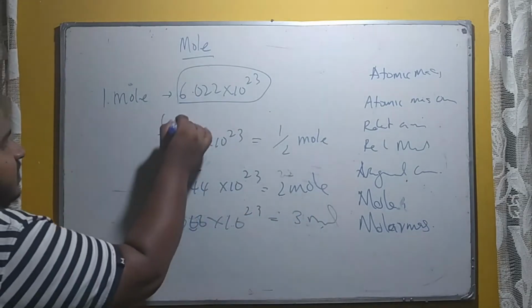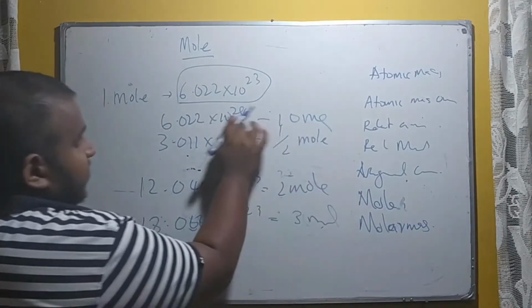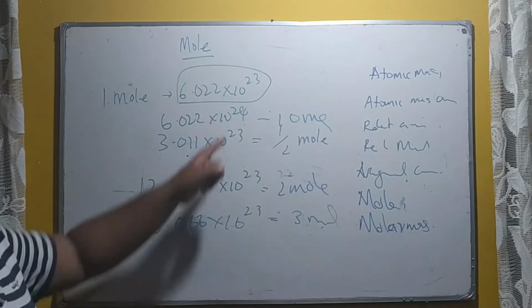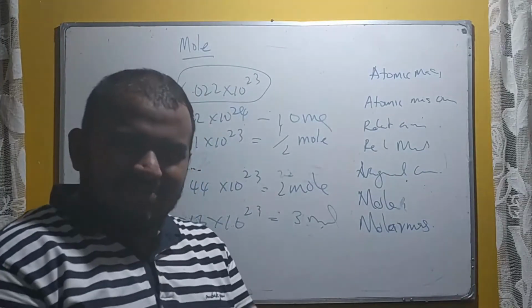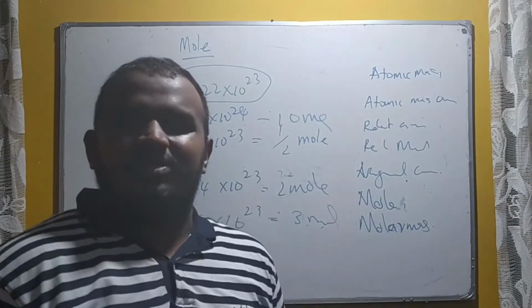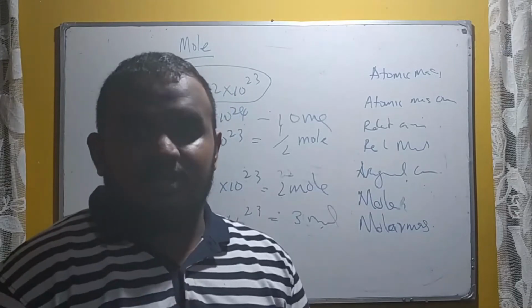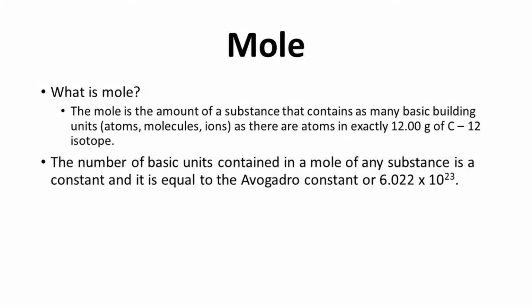If it is 6.022 in 10 to the power of 24, 10 moles, because the power has been increased. So 1 mole means simply the value 6.022 in 10 to the power of 23. No need to be confused. But the way we define it is totally different. I will explain why.